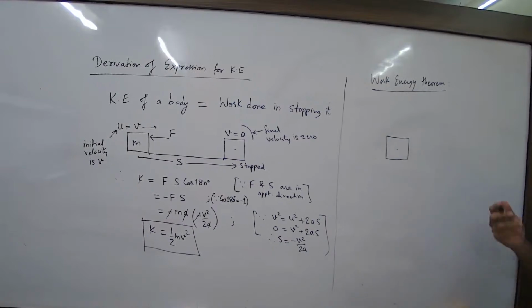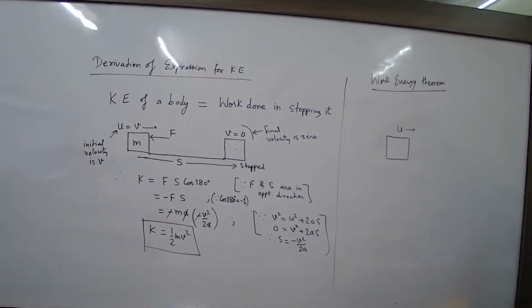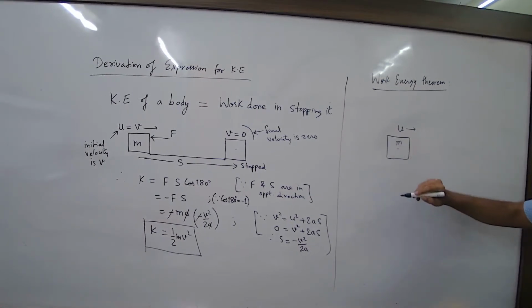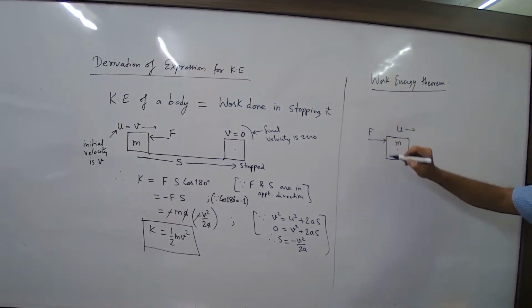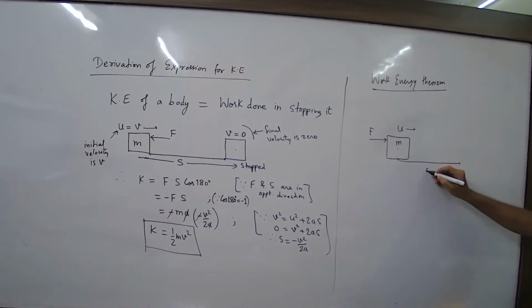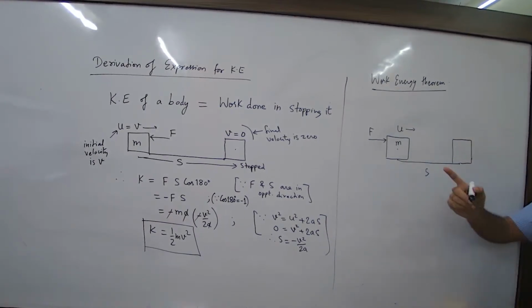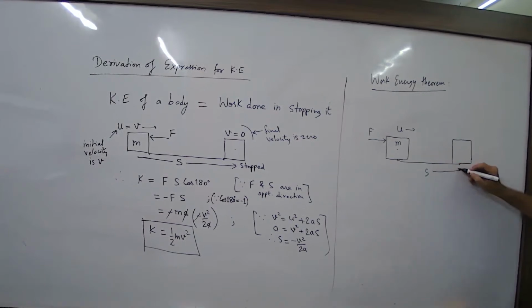This body is now moving with some velocity u, the initial velocity. Its mass is m. And now some force is applied on it for a distance s, while it covers distance s.